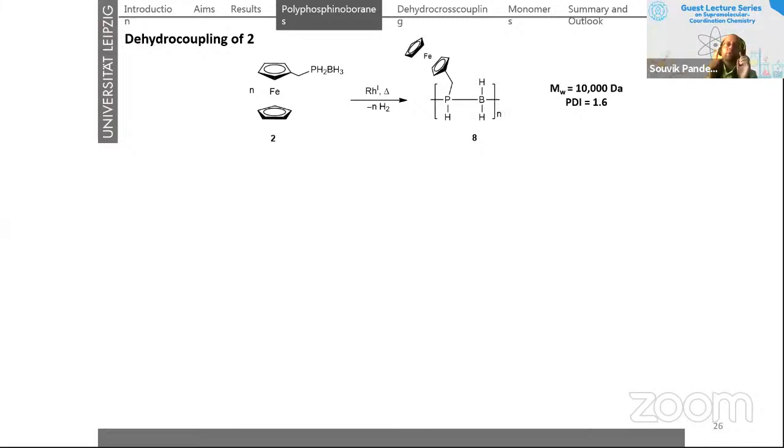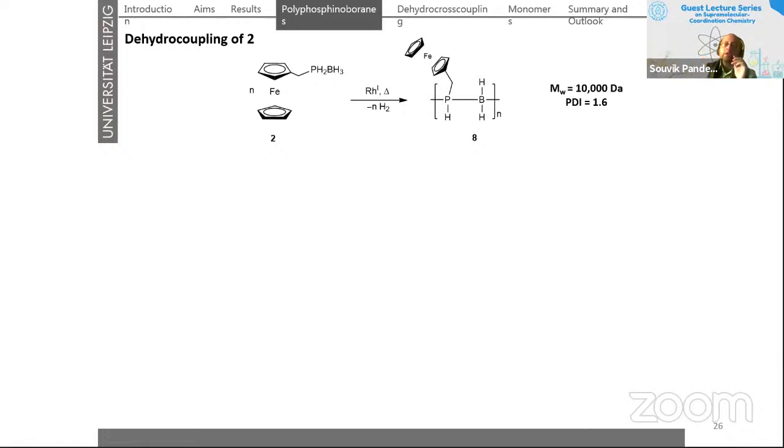Then only you will get a polydispersity index of 1. If it is more than 1, like 1.2, 1.3, in my case 1.6, it means you do not have all the polymer chains in the same length, a little bit different. That's why it goes beyond 1.